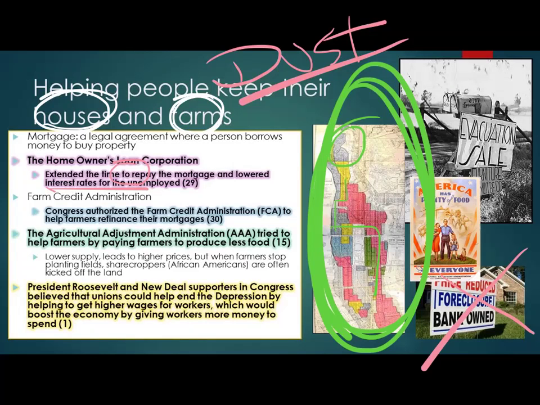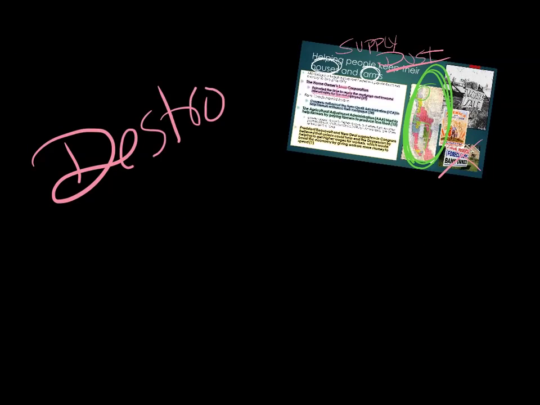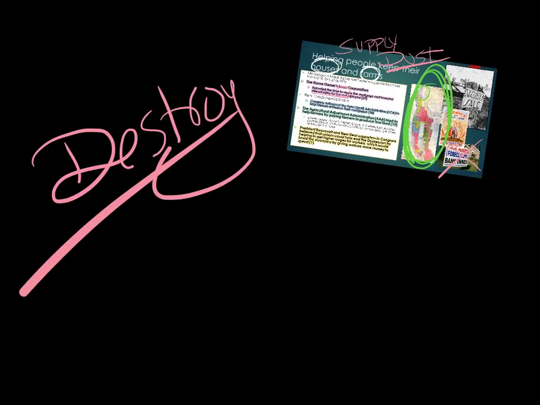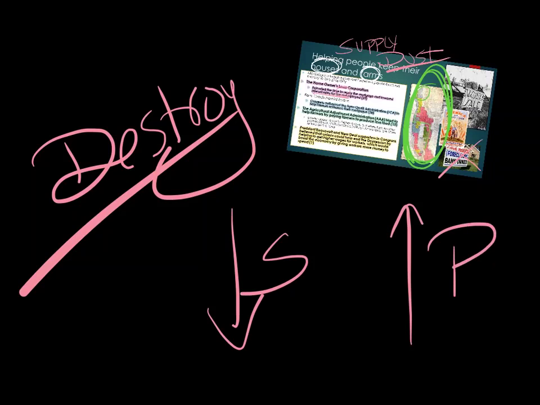At the same time, we know that farmers are having a really tough time selling their crops because supply is so high. Remember, one of the things that we saw farmers doing that we talked about in Chapter 9 was actually destroying their crops to try and lower supply so that price would be raised on what was remaining.